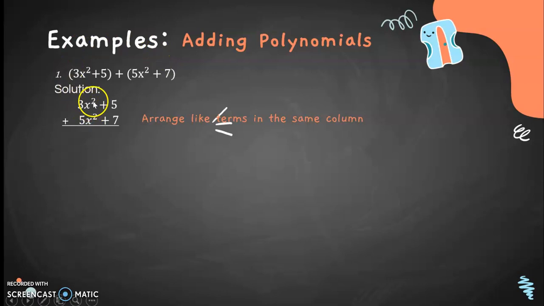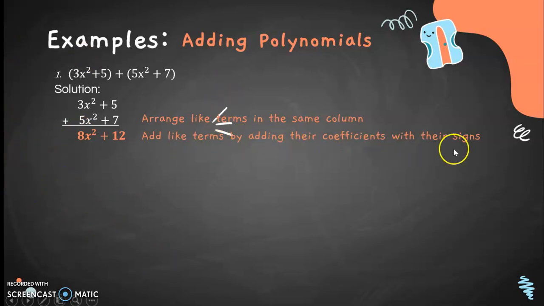So, we have 3x squared plus 5x squared, and then 5 and 7 because they are both constant terms. We group them together. For our answer, again, we have to follow the rules in adding integers. Add like terms by adding their coefficients with their signs.